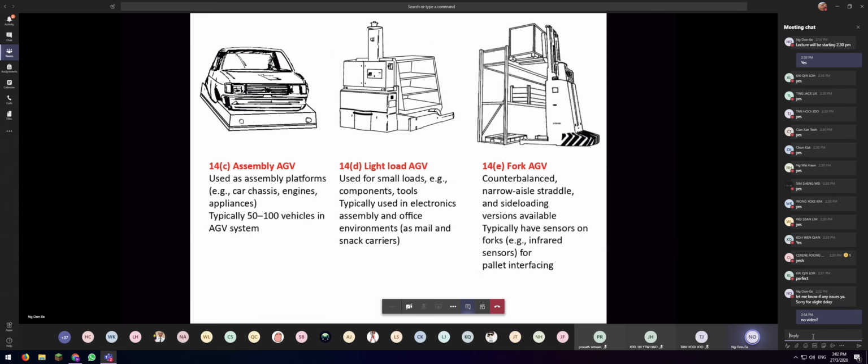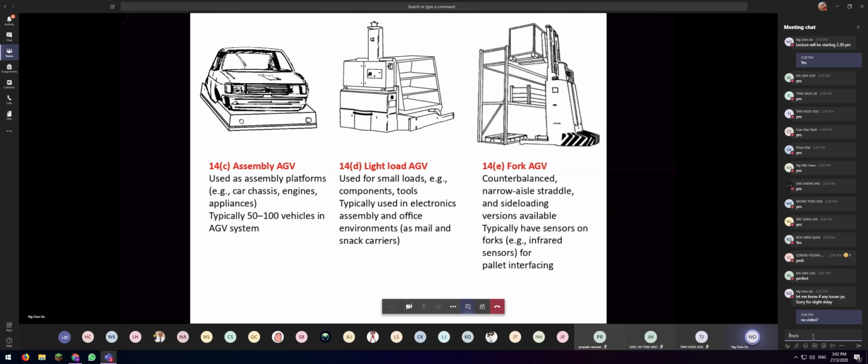Okay, you can have an assembly AGV. So if you are building something big like a car or an engine which needs to go through multiple stations, this AGV will do the travel from station to station, and the product itself will be on the AGV through the entire process. There is a light load AGV for small loads, components, tools.